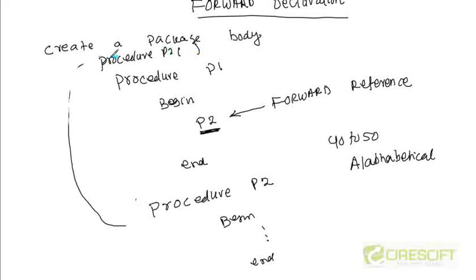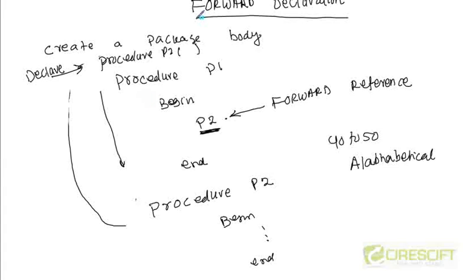This is just a declaration. If you declare procedure p2 like this, then all these things can work without any problem, because the compiler knows that there is a procedure p2 defined somewhere down the line, so it's not going to give you any compilation error.